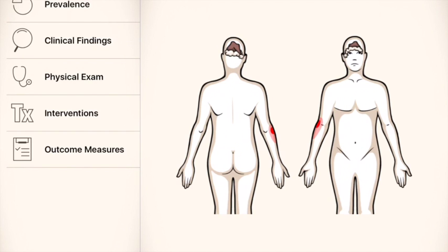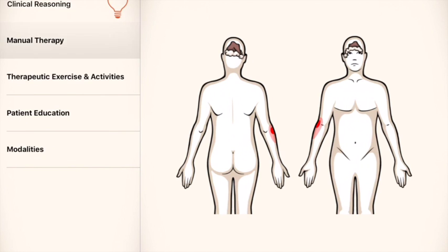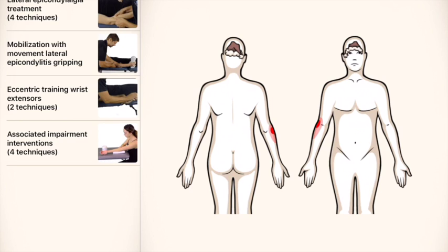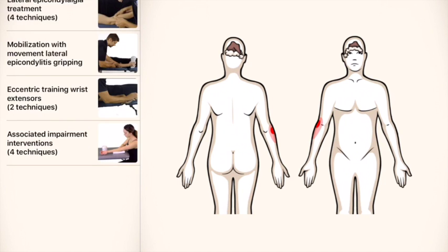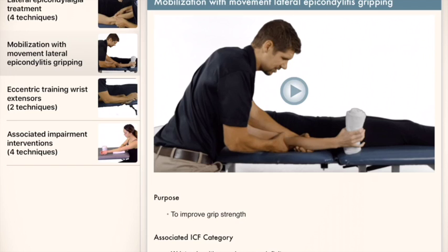When it comes to the interventions, from a manual therapy standpoint, you can see you can manage some of the soft tissue mobility issues. You can also use a localized treatment, mobilization with movement, for lateral epicondylitis, the gripping maneuver.